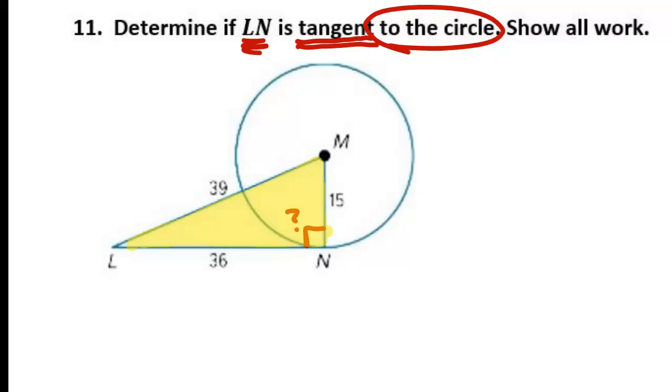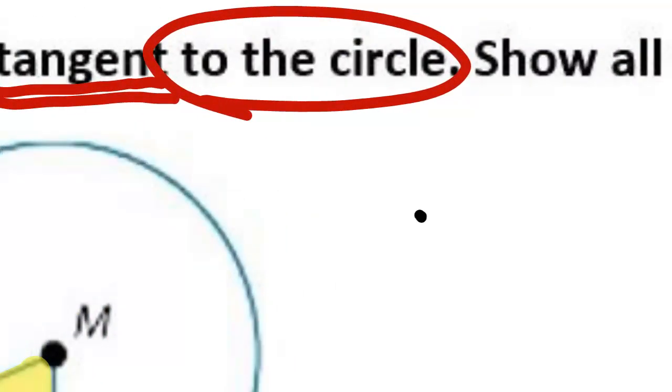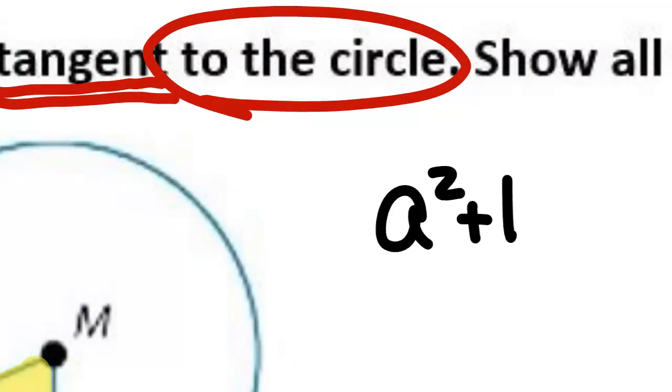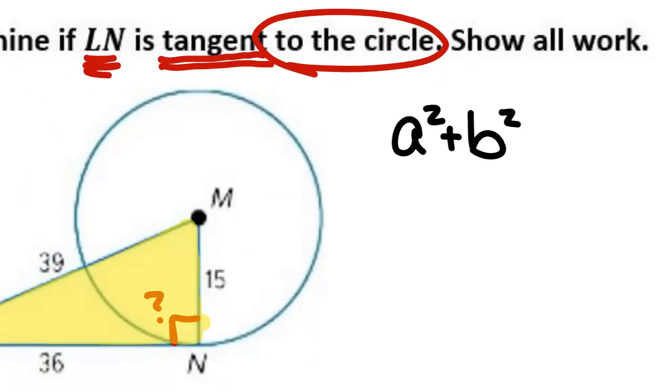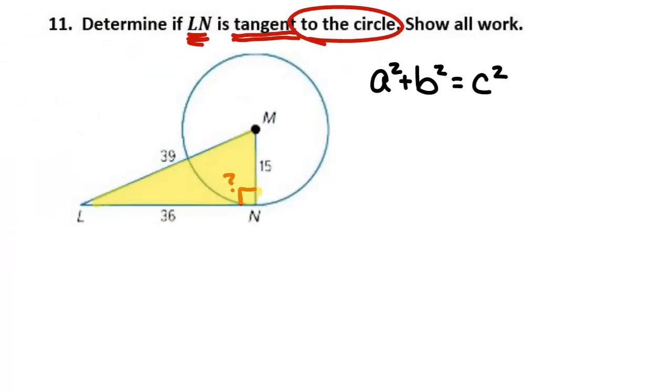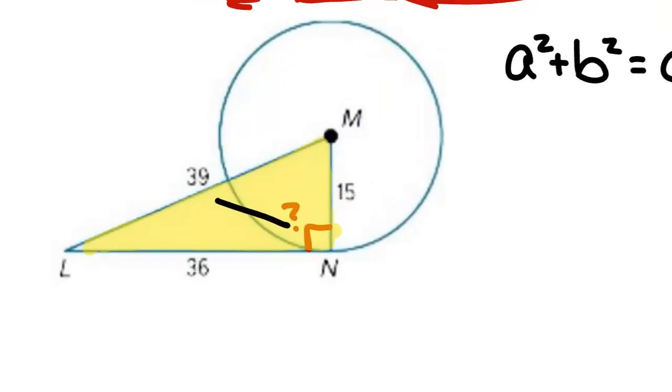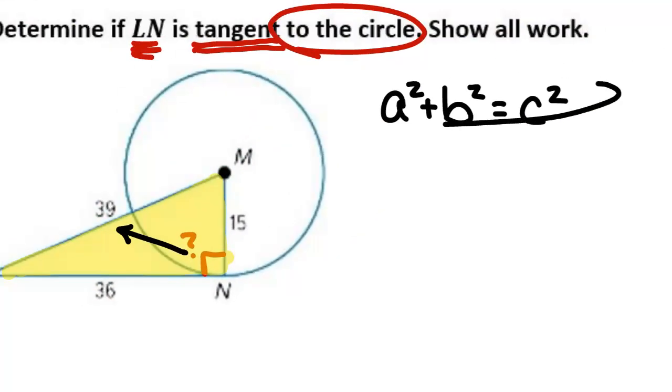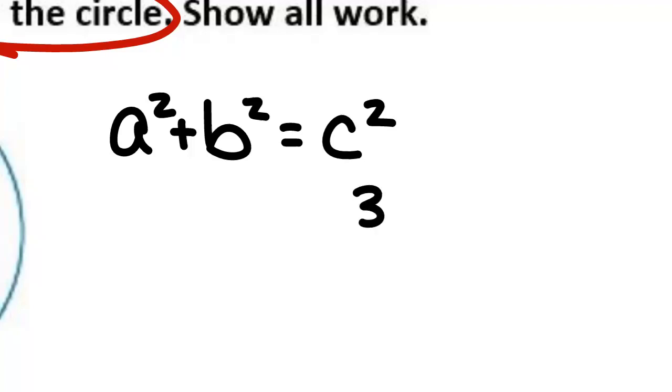So we're going to use Pythagorean theorem. A squared plus b squared equals c squared. I don't know that this is going to come out equal. I'm checking to see if it comes out equal. And if it does, then LN is a tangent. Which piece of this would be the hypotenuse if that really is a right triangle? 39. So that's what we're going to put in for C. So I have 39 squared.